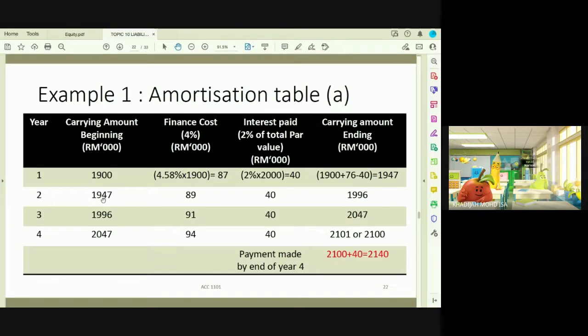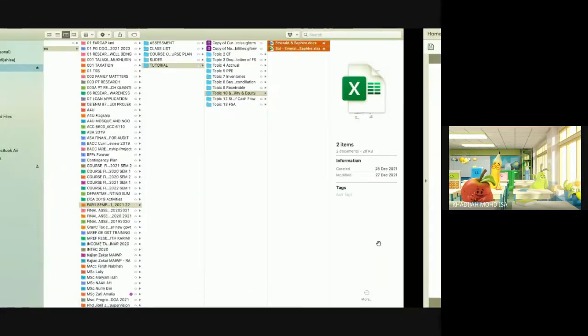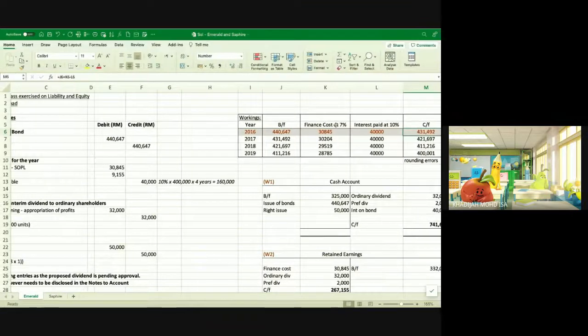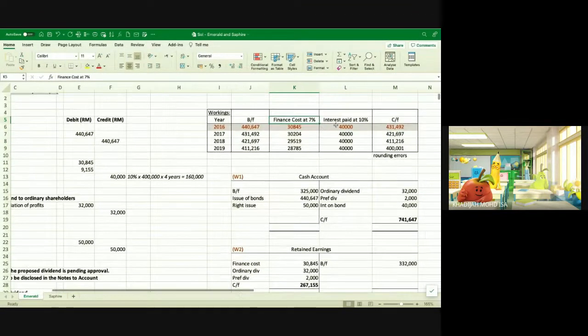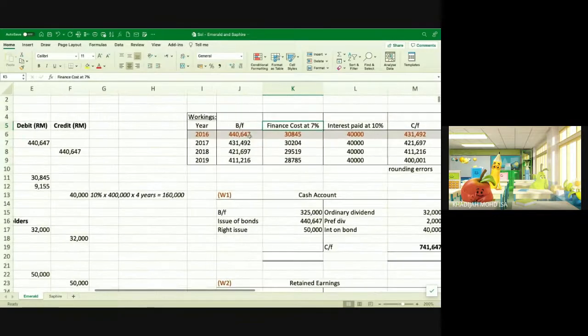Then you compute again, right? So payment made 2101 or 2100. Okay, right, got it. So this should be the finance cost, the 7%, it has to be there, right? So this is the beginning, right?